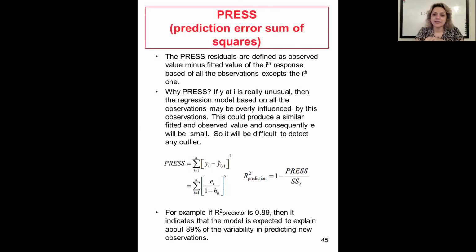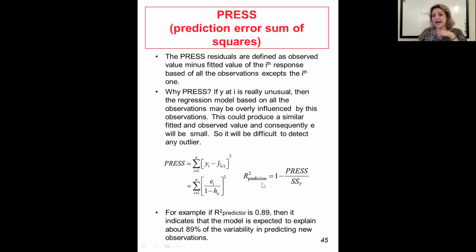And it is equal to e_i divided by 1 minus h_ii, which we had before. And the R square of prediction is going to be 1 minus PRESS over SS total, because PRESS is kind of the SS of the error, right? So we said that it is the prediction error sum of squares.